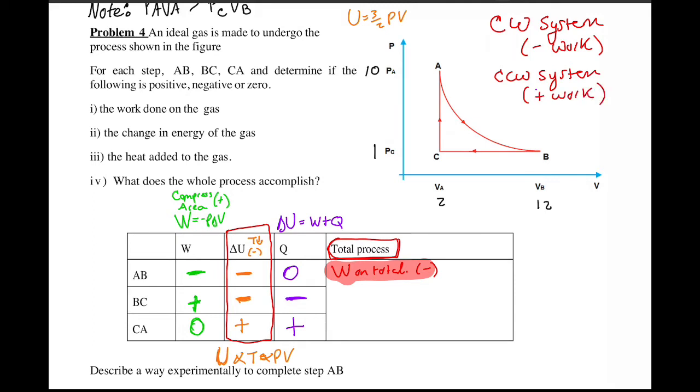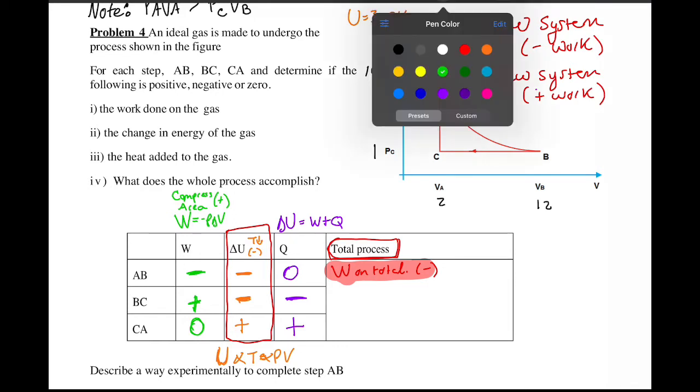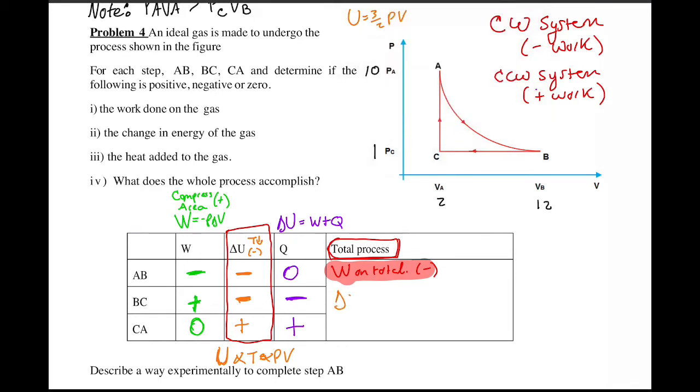But all you need to do is think about the area inside the process lines and which process is on the top, whether it's compression or expansion. Remember, compression takes work. Compression is positive work. All right, so let's now think about the next part, the delta U.